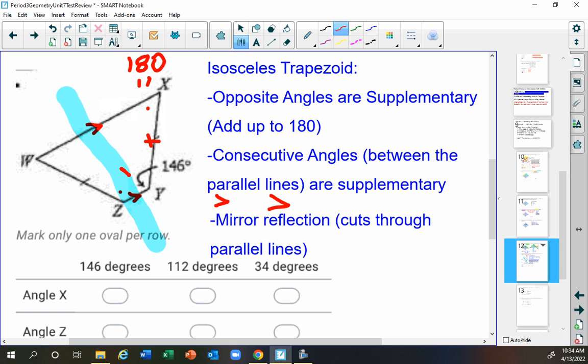And you can say going across, these two angles must also add up to 180. All right, so let's cut to the chase.